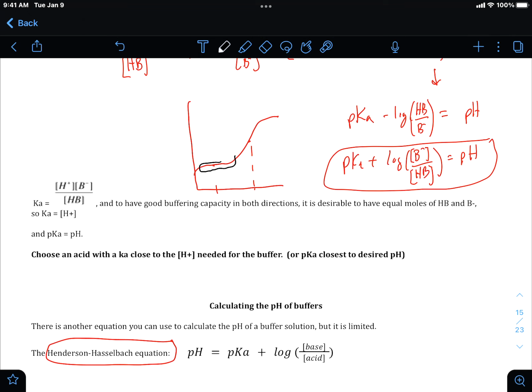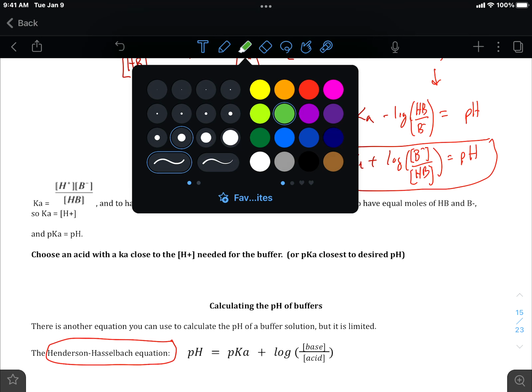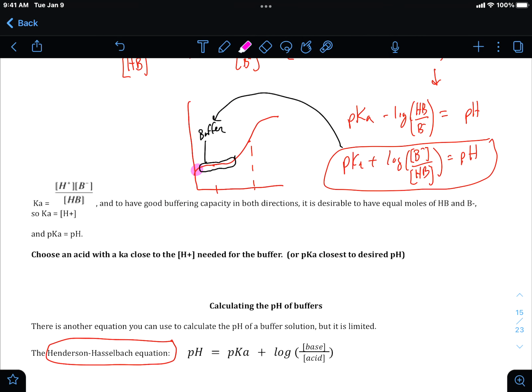The flattish portion, right? The Henderson equation works fine for that buffer region. But it is not accurate here or here. In other words, it does not work at the extremes of the buffer region. It doesn't work well at the very, very beginning of the buffer, and it doesn't work well at the very, very end of the buffer.